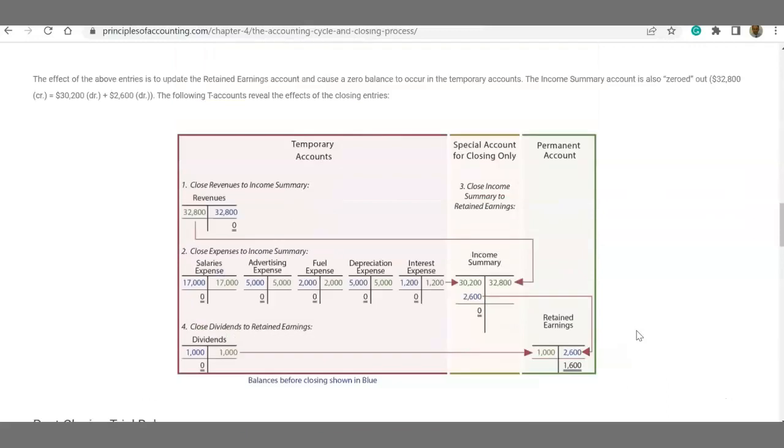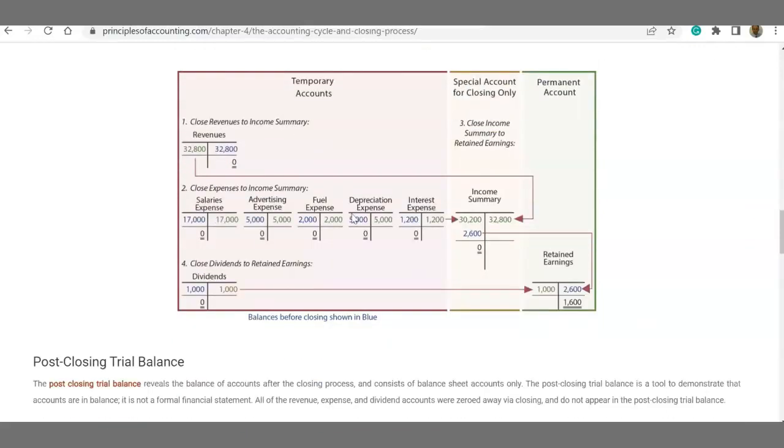So here is the picture of the T accounts again. You close the revenue by doing a debit into income summary, and then you credit all your expenses, add them up, and do a debit in the income summary. The last thing you close is the dividend into the income summary.